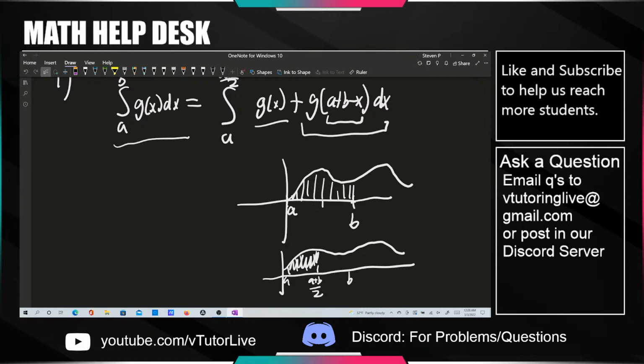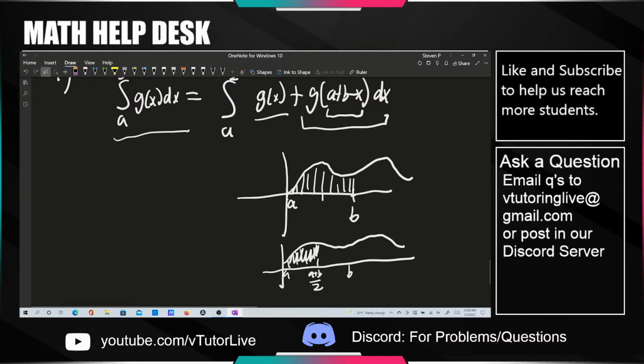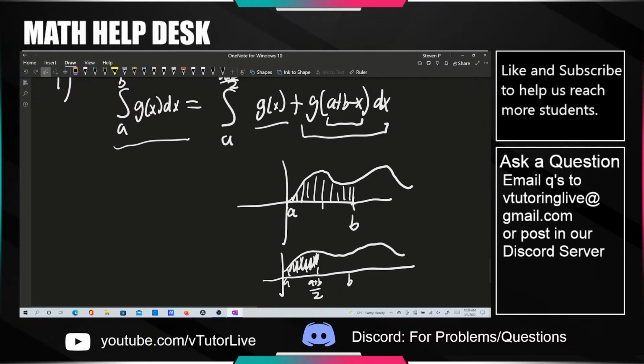Wait a minute, something's just a little bit funny. A to b, and a plus b over 2 is the exact midpoint, right? I haven't thought about it too hard, but I guess it's sort of like counting backwards, maybe?